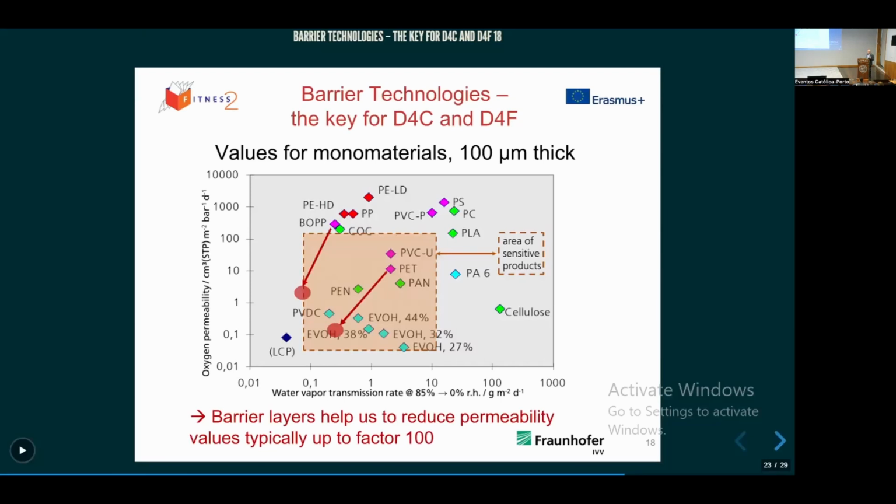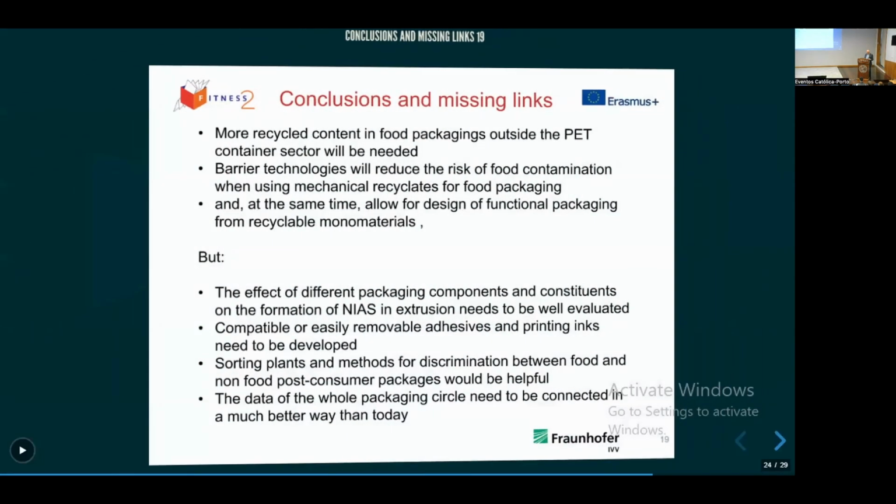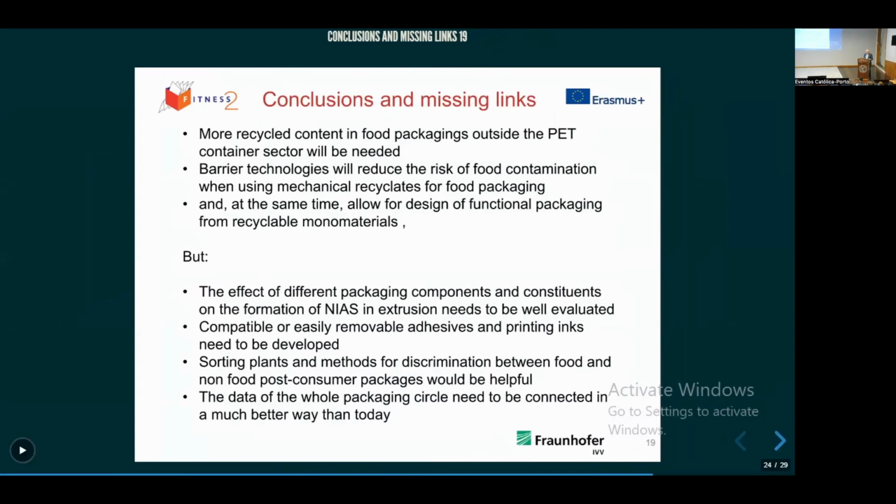This is a special approach which may help us to achieve some of the targets that are given to us at the moment. Some conclusions right now. We will need more recycled content, not only for PET containers, where we today already know that it can be achieved.